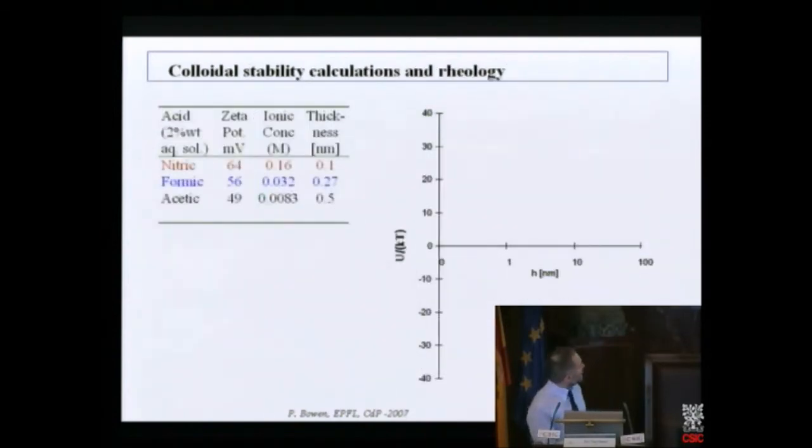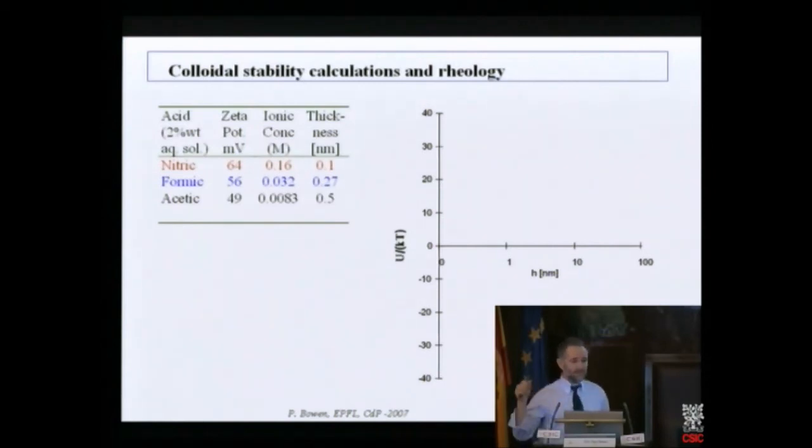If we look now at zeta potential, the ionic concentration changes. These are all 2% weight solutions, so the dissociation constant for these different acids changes. We can see, in fact, as we go from nitric to formic to acetic, we decrease the zeta potential, but we're also decreasing the ionic concentration.